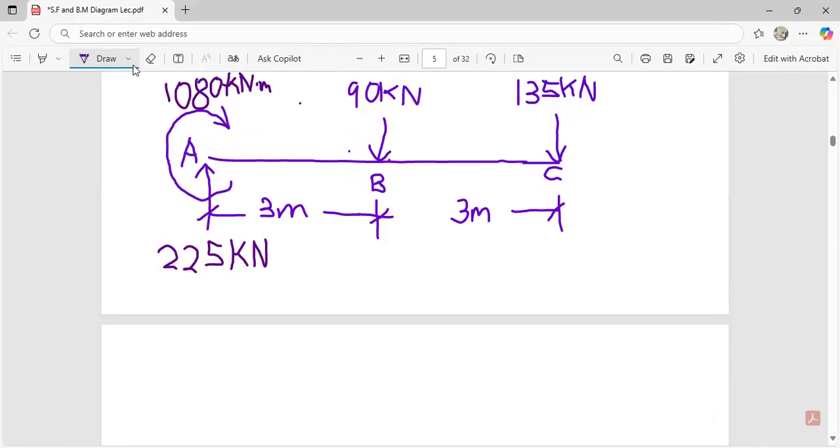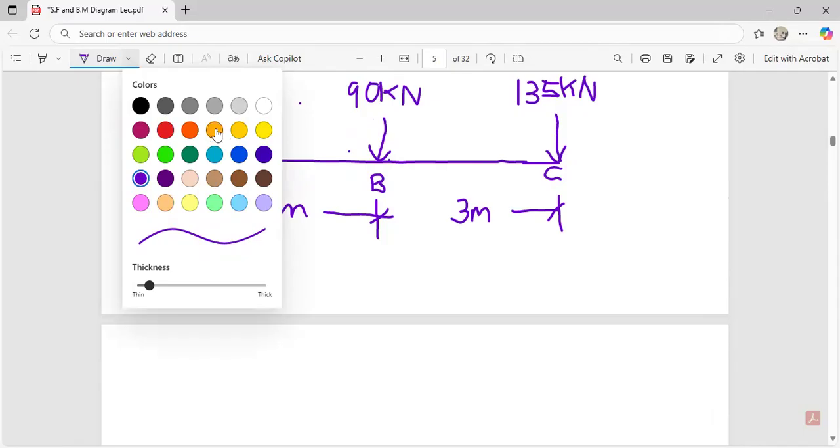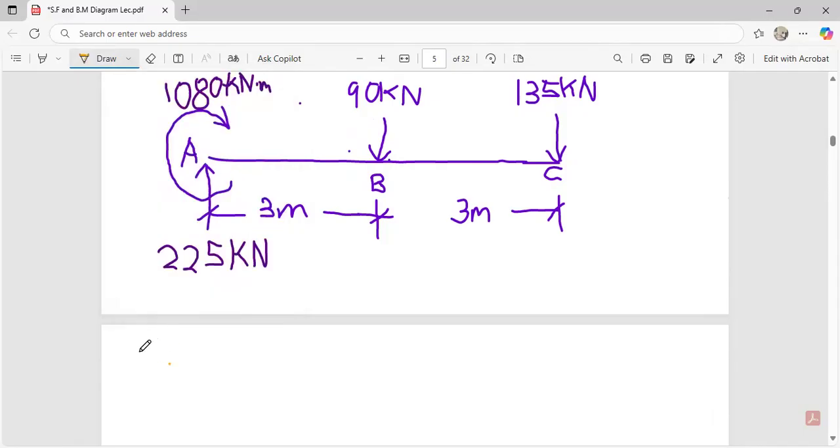Okay. Better still, to make life much easier for you, let me say that our portion is equal to what?